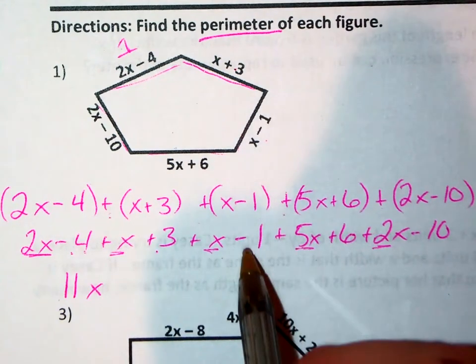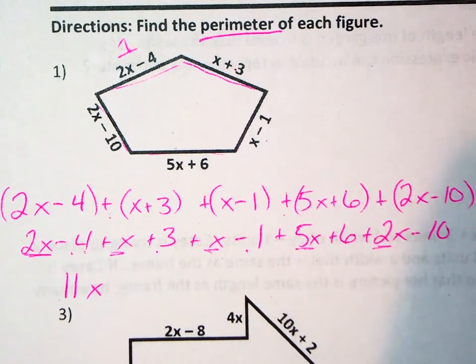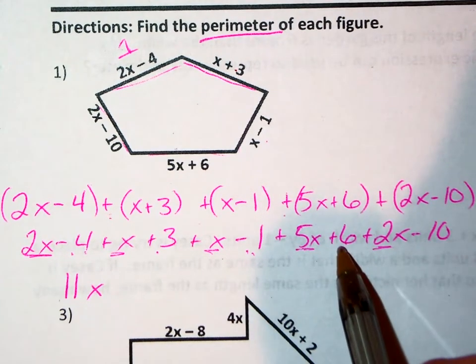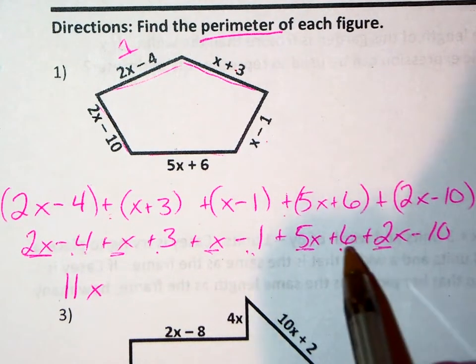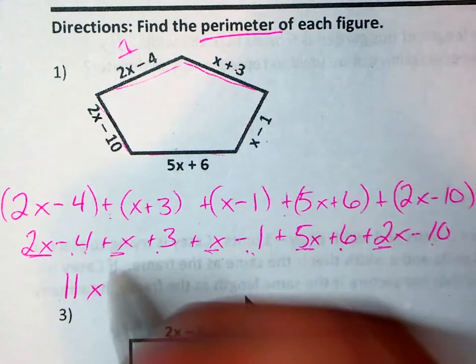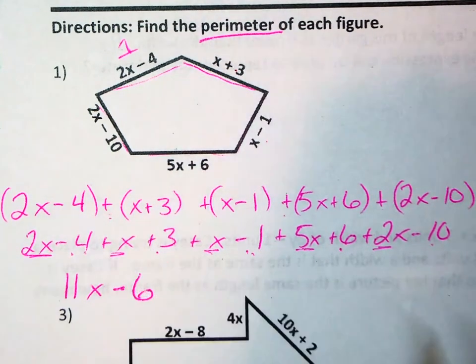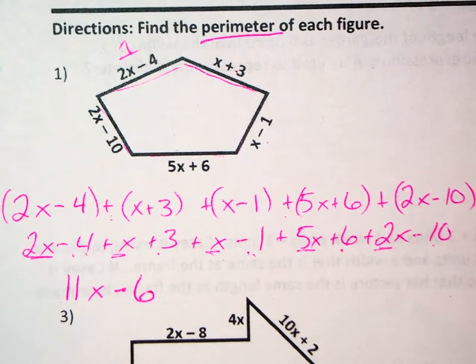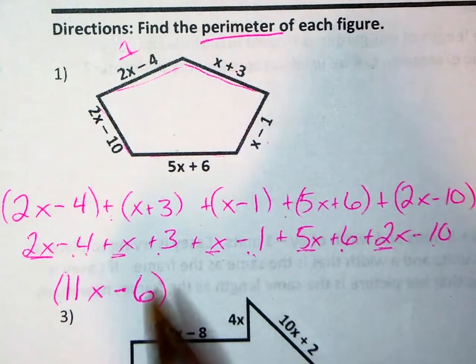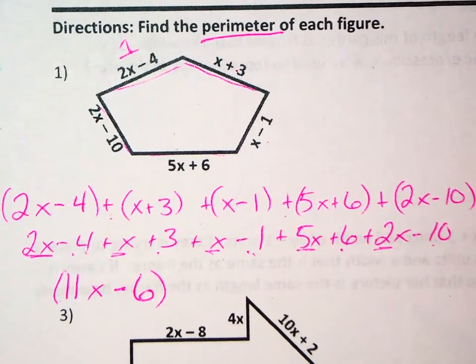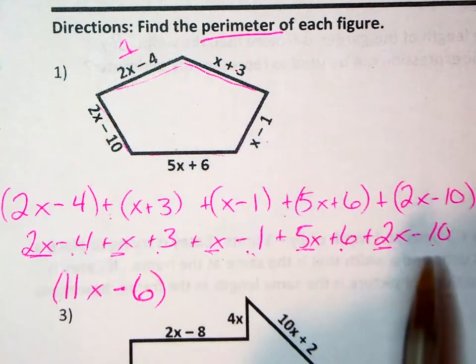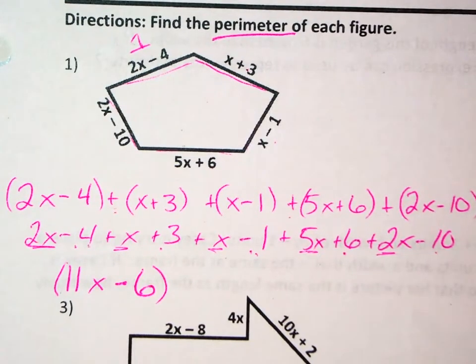So negative 1 plus negative 1 is negative 2. Negative 2 plus 6 is 4. And 4 minus 10 is negative 6. So our perimeter for this figure is 11x minus 6. And just remember to be very careful when adding all your integers together.